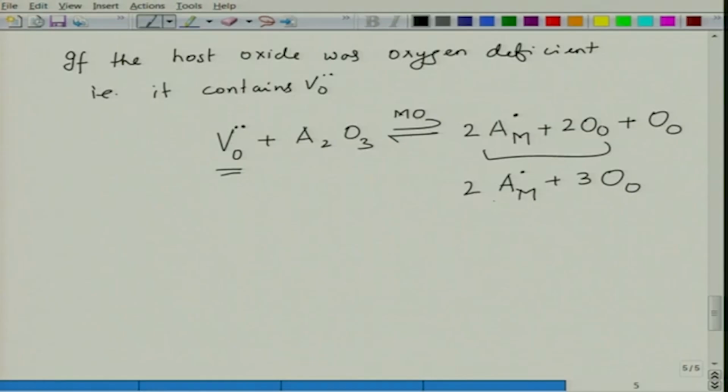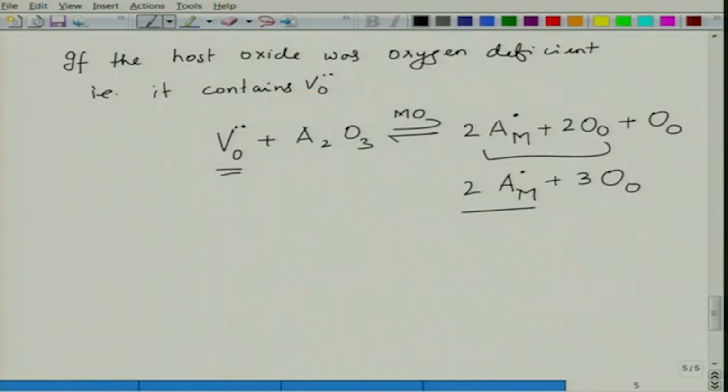Site balance is there because you have two metal sites, and one of the oxygen sites is compensated by this site, and for the two metal sites you have two metal sites. Okay. So, site balance, mass balance, and charge balance is there. All right. So, this is how you can use it to your advantage.